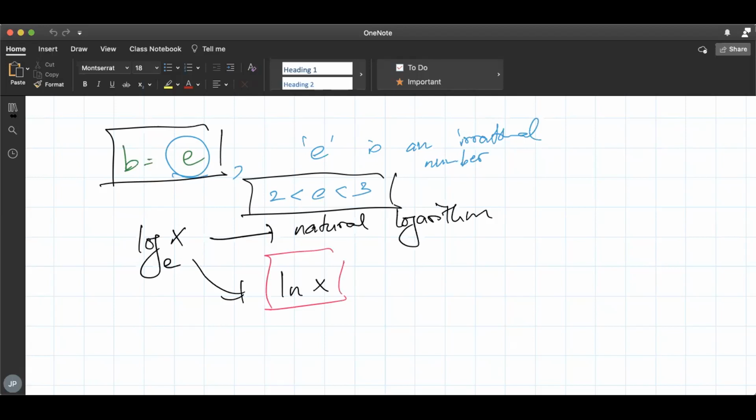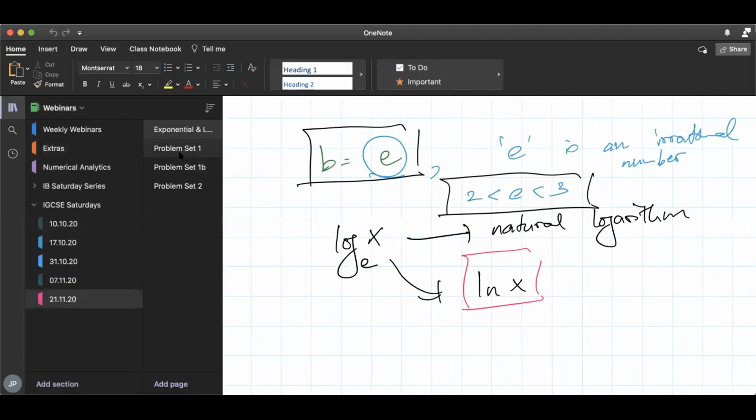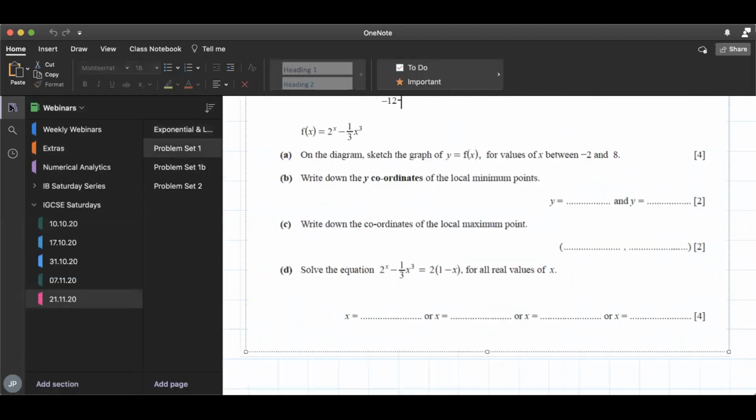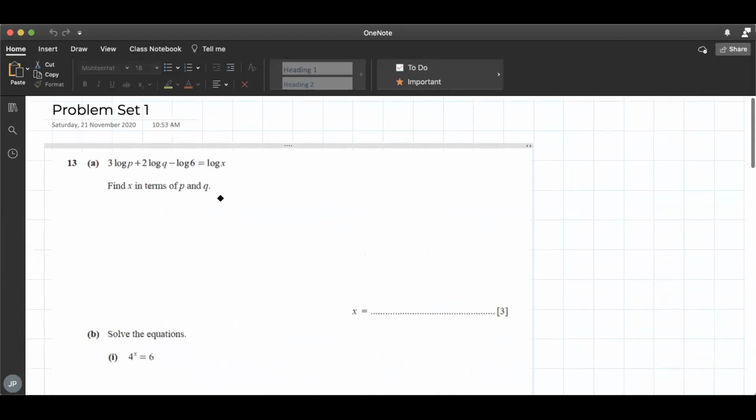So, without any further delay, let's look at how it plays out, okay? And if there's something that I've left out, I'll come back to that a little later on. Let's just look at some problems. So here we go. This is problem set 1. It says find x in terms of p and q. You just have to use some algebra skills and some of the properties of logarithm to write x in terms of p and q.